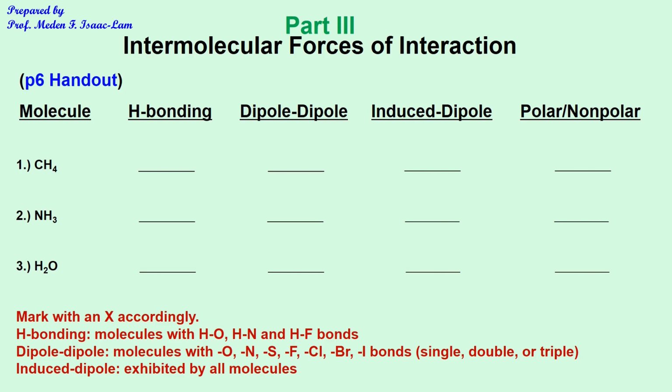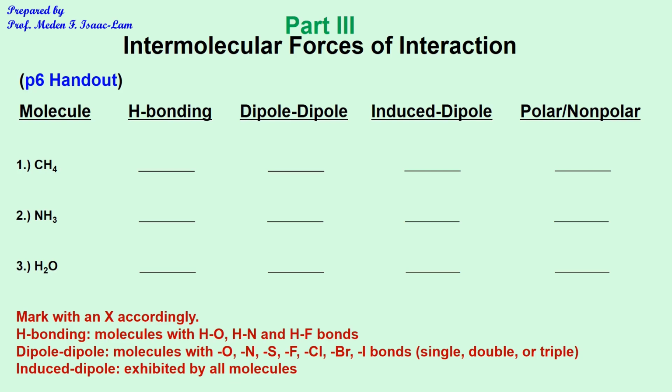Therefore, for CH4 you will only mark an X for induced dipole. It's non-polar because there's no difference in polarity, no dipole moment. The C-H bond is considered non-polar, and the molecule is non-polar.